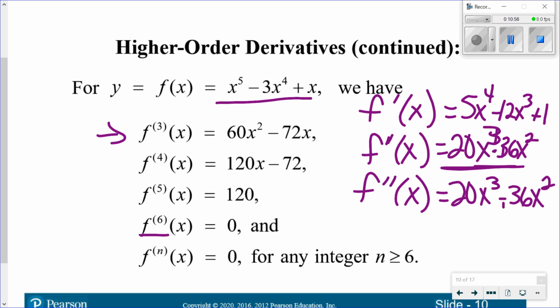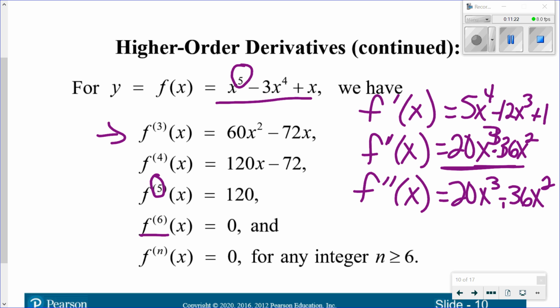So I want you to look back at our original function and look at our exponent on our leading term, meaning our largest exponent in that function, and look at where the last derivative is that has a number other than 0. Those match up.